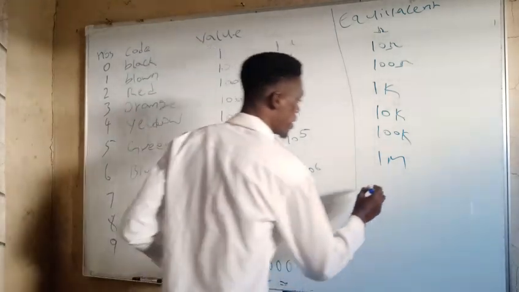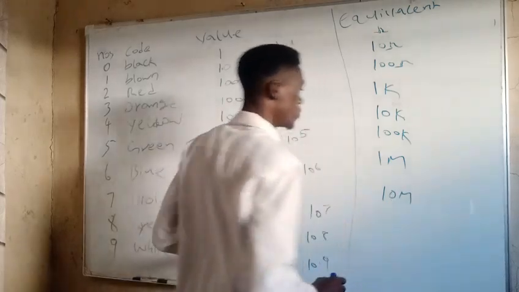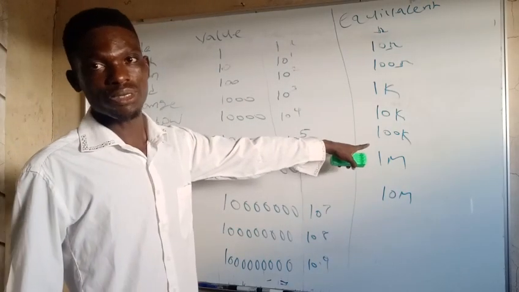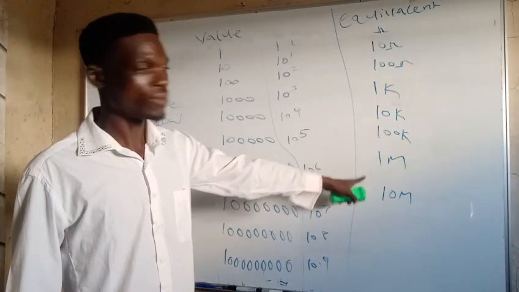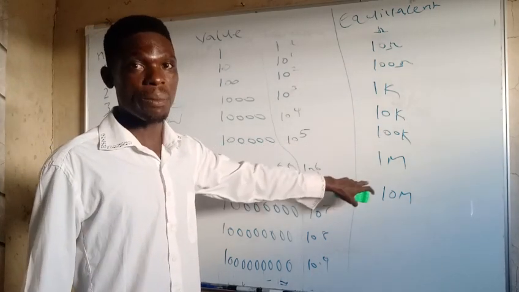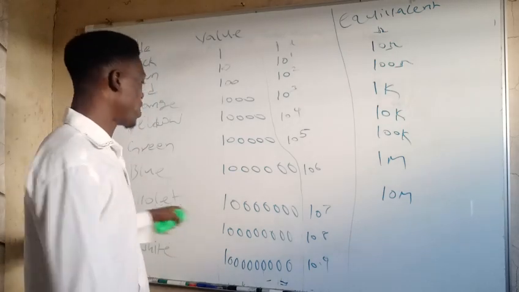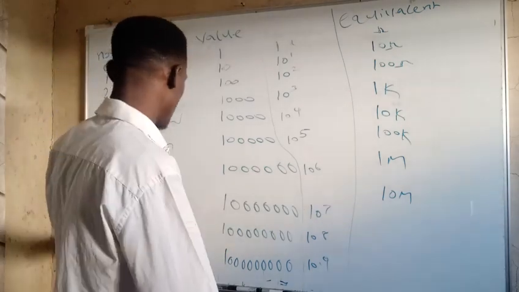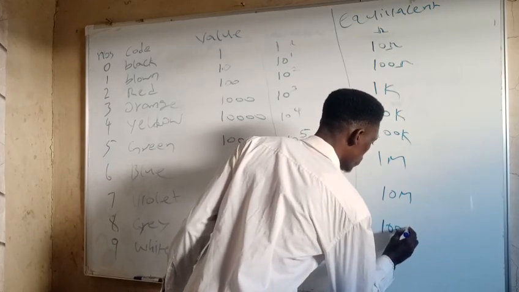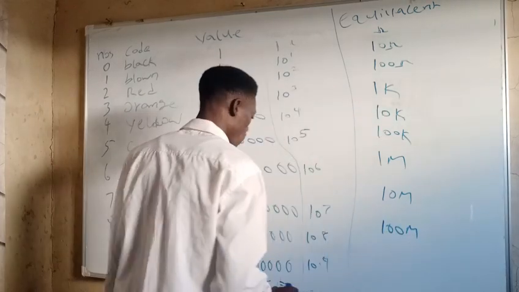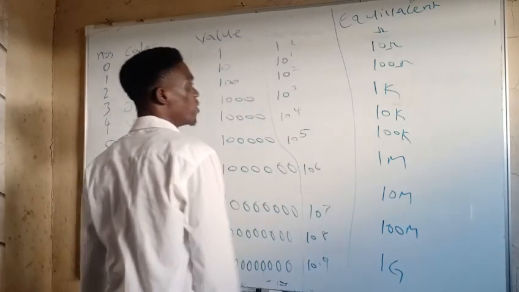Violet is 10 mega. Because you cannot say 1000 kilo ohms. It's not there. You make it 1 mega ohm. After 100k is 1 mega. So 1 mega is blue. Violet is 10 mega. Green is 100 mega. And white is 1 giga ohm.